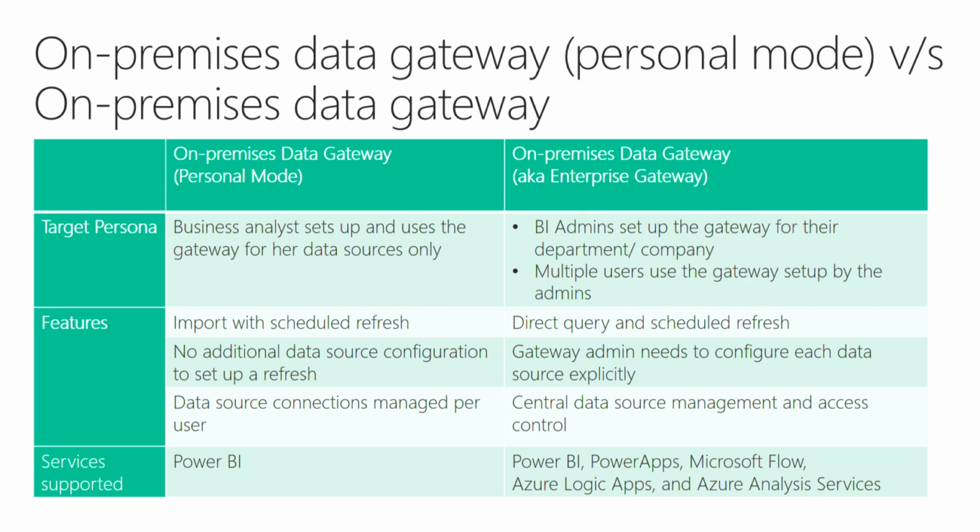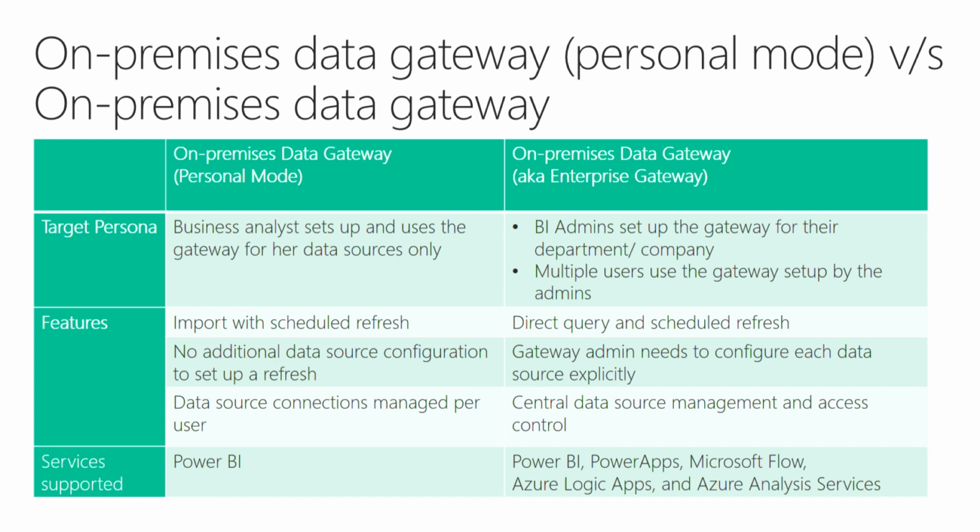So the gateway has two modes: the default mode, which we refer to as the on-premises data gateway, or previously known as the enterprise gateway. And the other mode is the personal mode. The difference between them is basically the usage, how you want to use it, and who wants to use it. The personal mode is specifically used for one person.